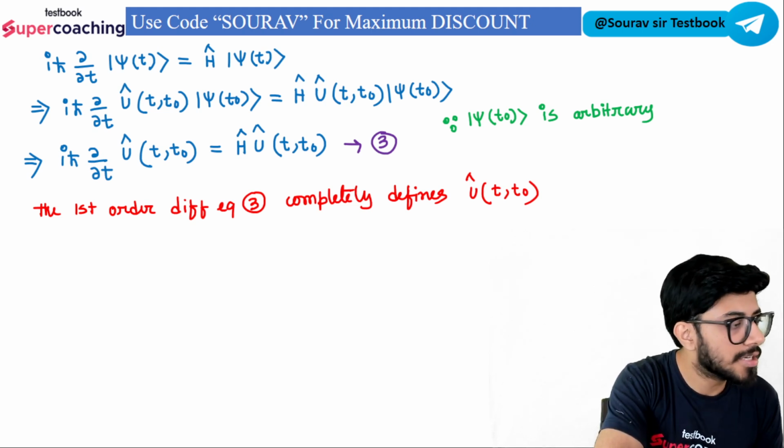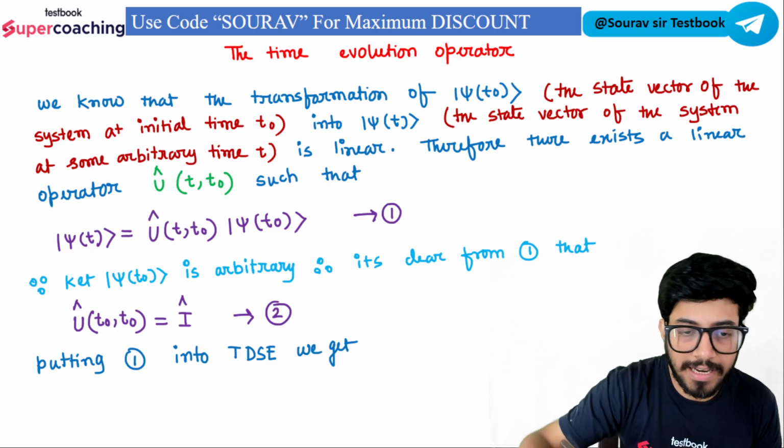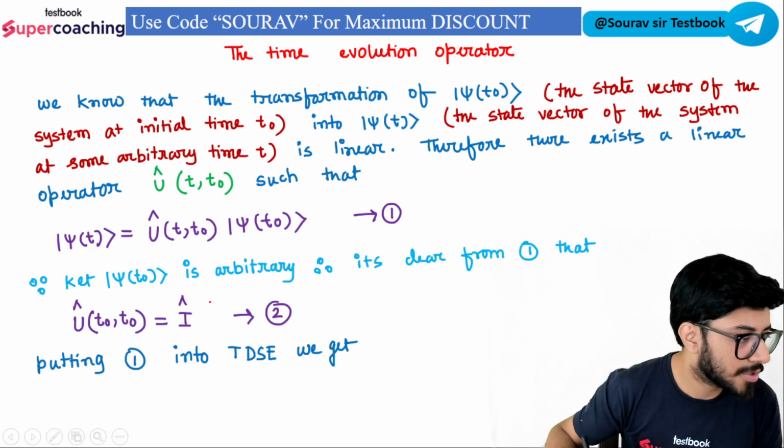Together with which initial condition? This one: u of t0 comma t0 is equal to I cap.